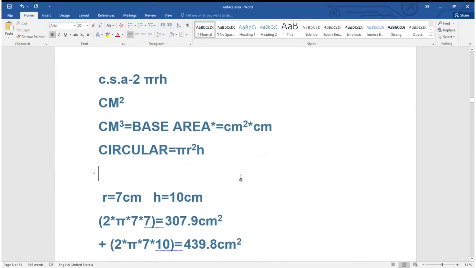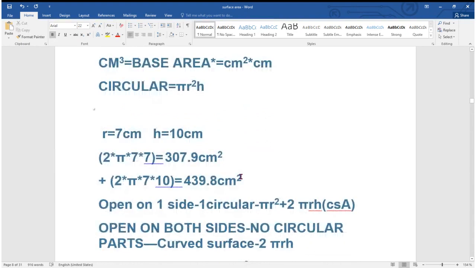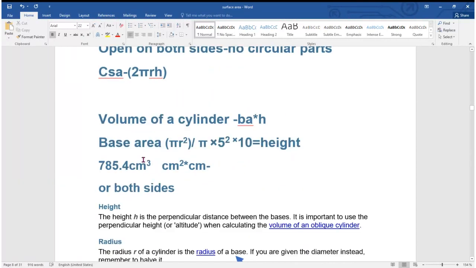Now you have to be aware that in the exam, the examiner usually gives you a question and wants you to convert your answer. For example, they give you measurements in centimeters, like in this case here. They tell you that the radius is 7, the height is 10. So this was not the volume here. I think you're following here, yes. Okay, sorry.